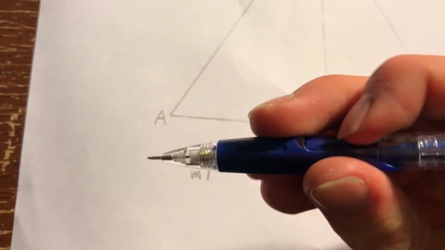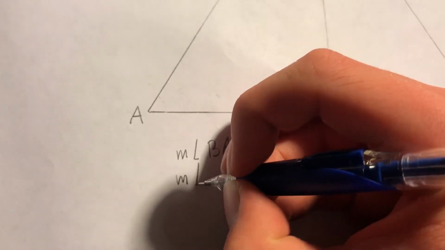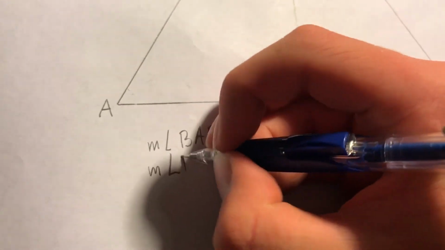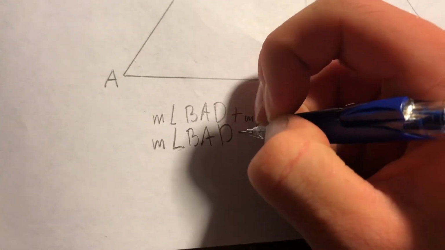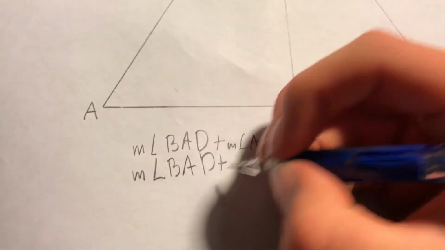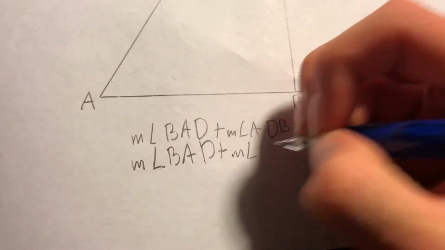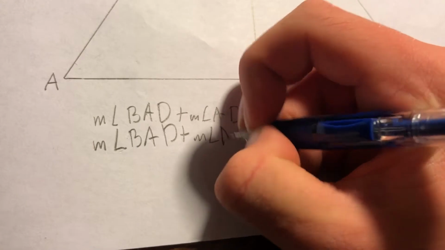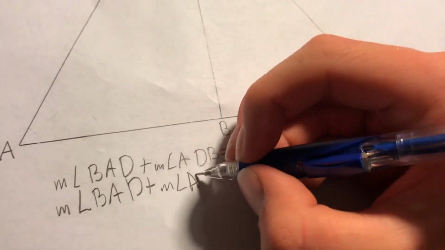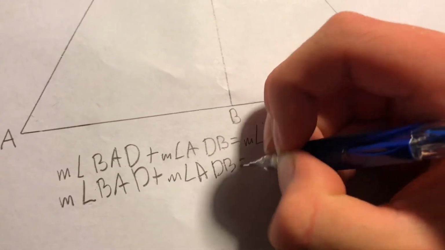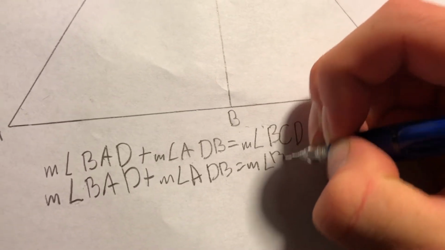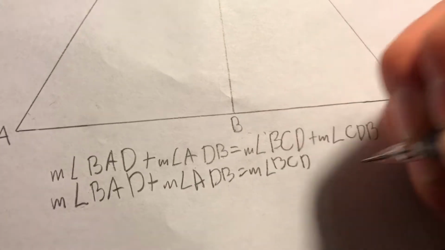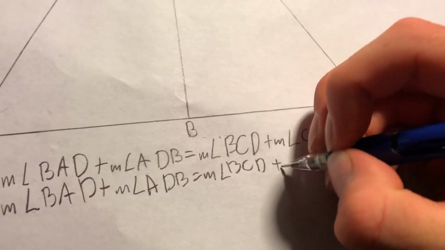So the measure of angle BAD plus the measure of angle ADB equals the measure of angle BCD plus the measure of angle.